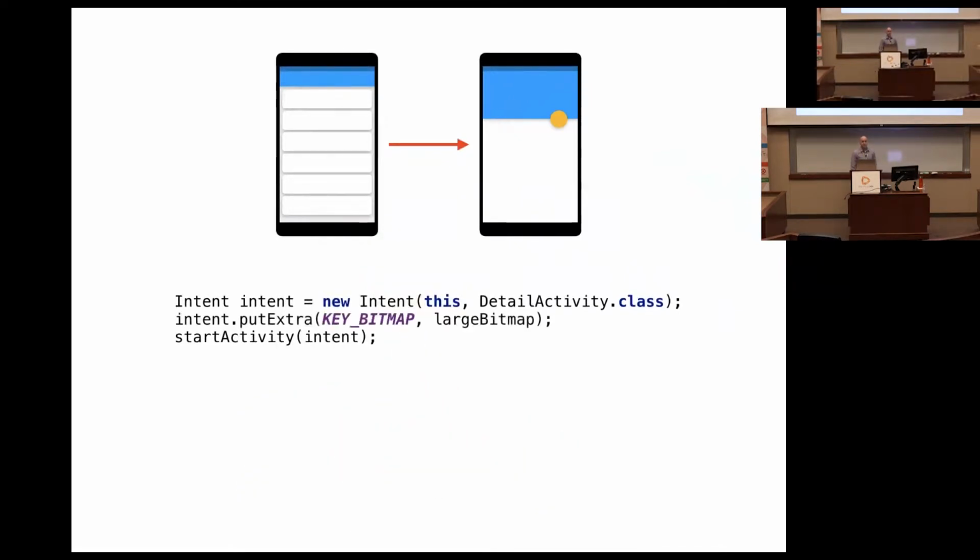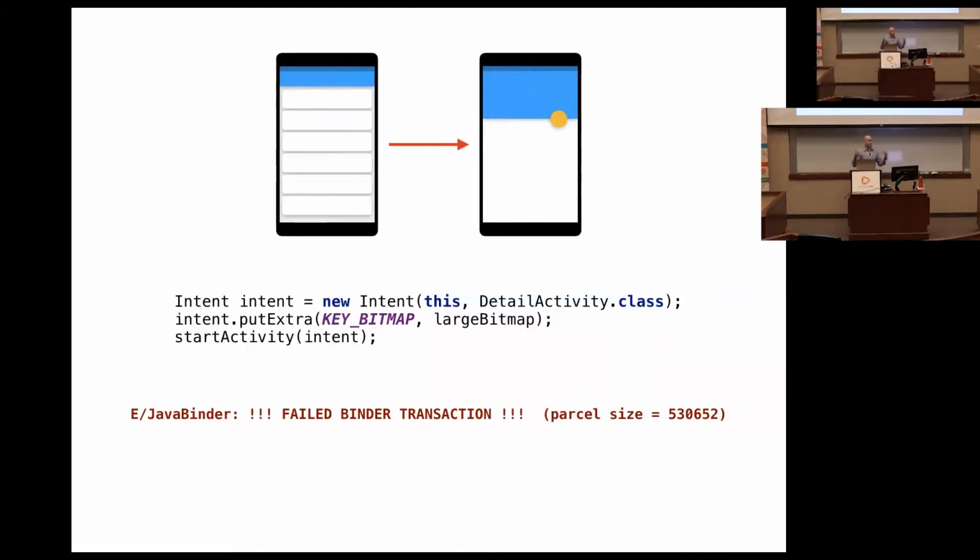But let's say you want to put some data in there. You could put all kinds of data in an intent, but let's say you want to put something really large, like some really large bitmap. After a certain point, this is going to cause you a problem, and you just won't navigate to that next screen.